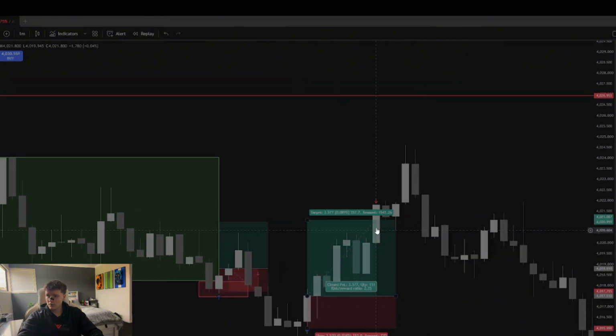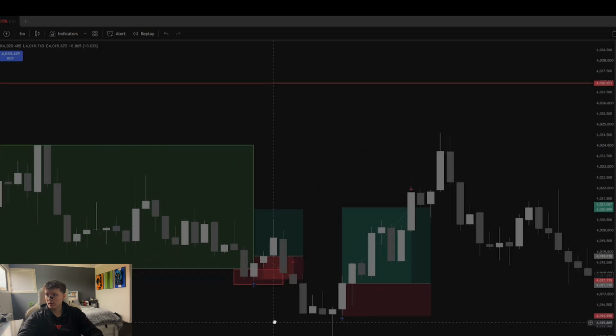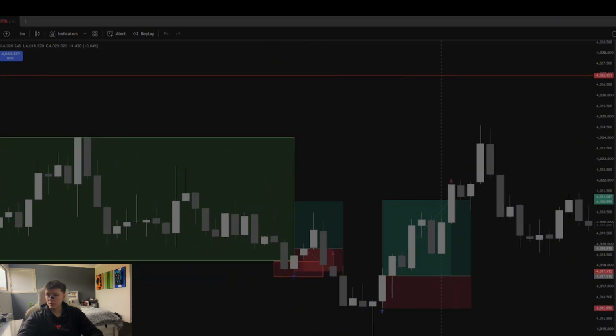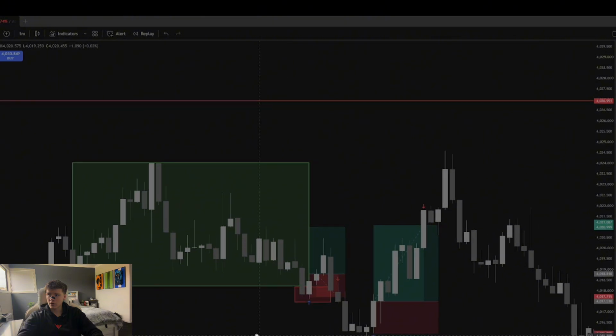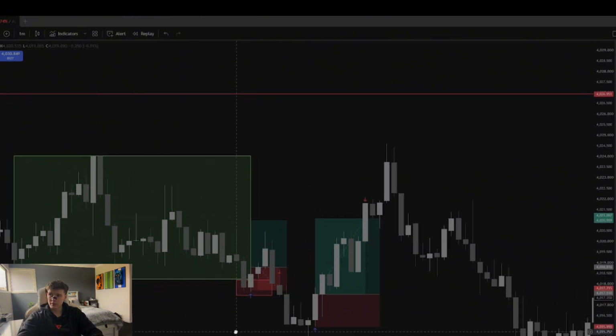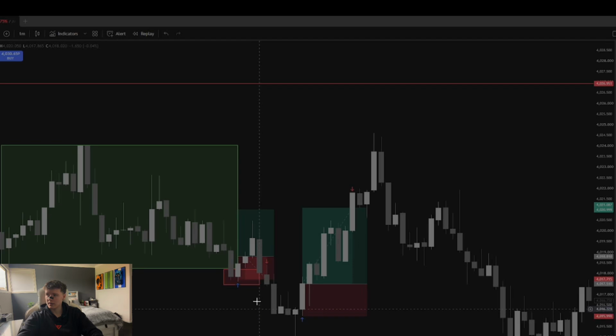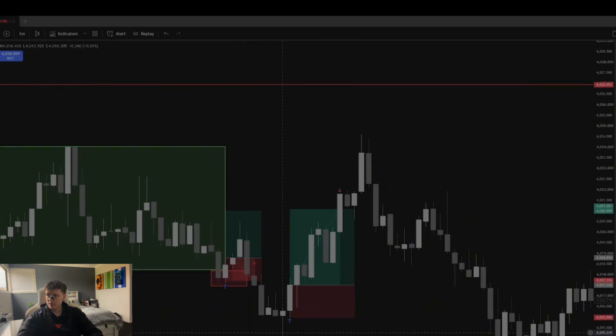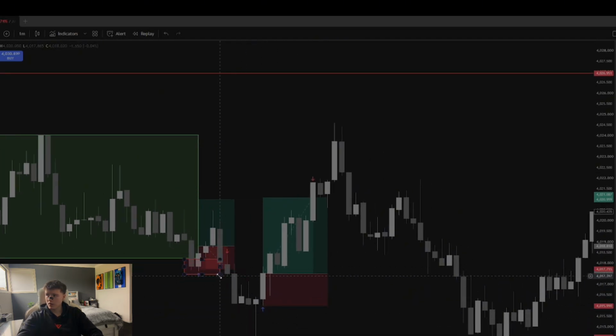However, price did end up rallying up and distributing up higher. I was just not patient. So what I've learned from this trade is with this strategy, you've got to be patient and understand that the manipulation range can be quite long.